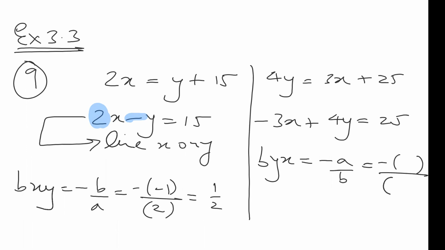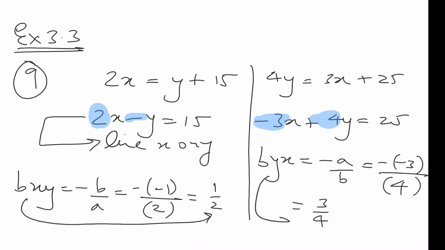So minus bracket upon bracket, a is minus 3, so this becomes minus minus 3, and b is 4, which is equal to 3 by 4. Both bxy and byx we have got: bxy is half and byx is 3 by 4.